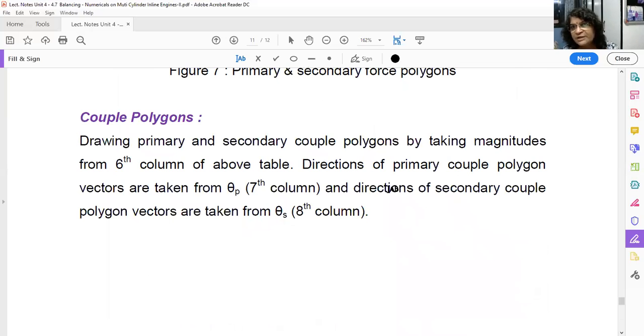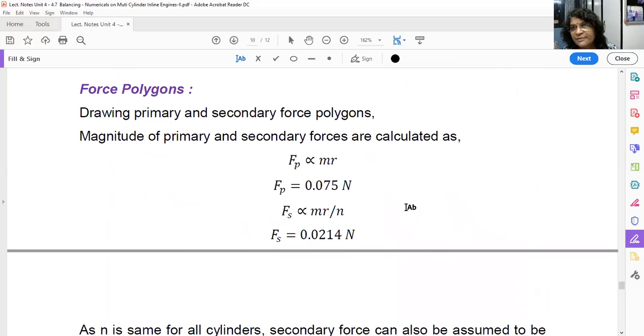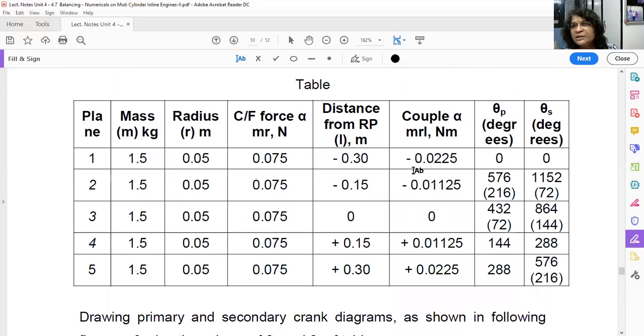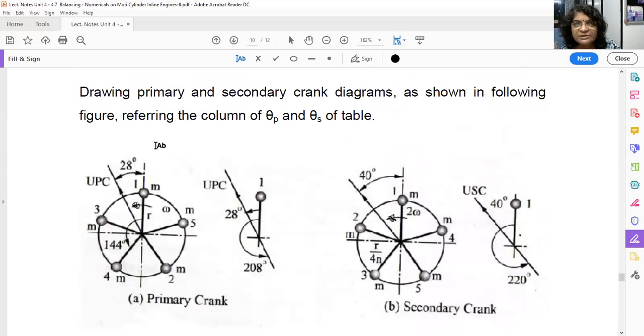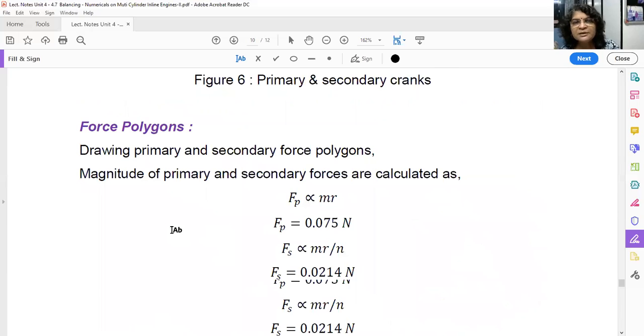See, the magnitude is given here in this table. These two are minus. This is 0 only. And these two are positive. So let us see plane number 1. Magnitude of the couple is 0.0225. It is negative. It is primary we are drawing. So what is the direction of primary? Positive is upward, negative is downward. Okay. So that's why we have drawn this downward.